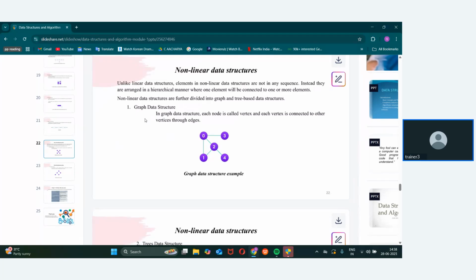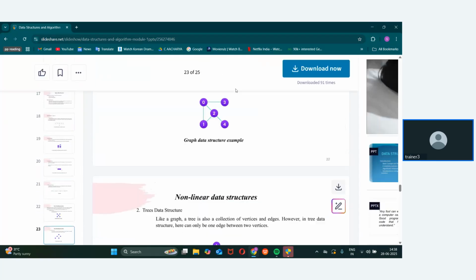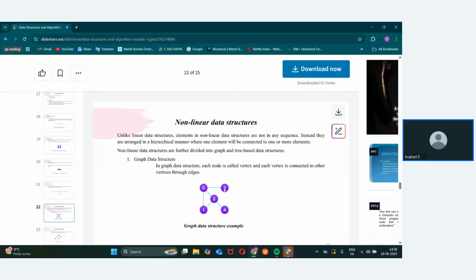So instead of sequential order, it maintains a hierarchical order, like from top to bottom, where one element will be connected to more than one element. Like 0 is connected to 3 and 1 here, and 1 to 0 and 2, and 2 to 1, 4, and 0 here, and all of this.